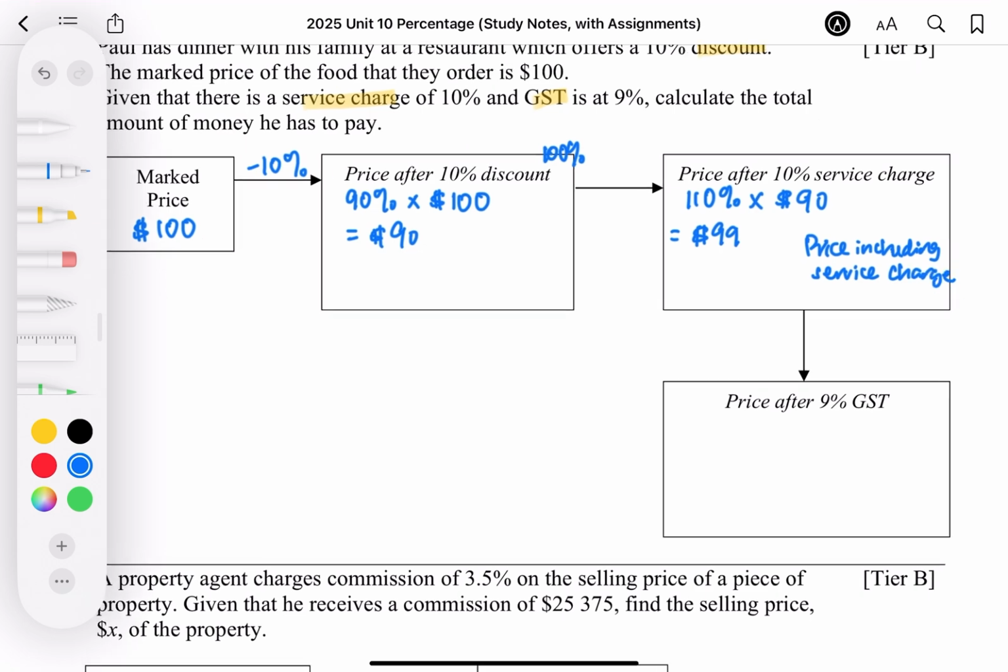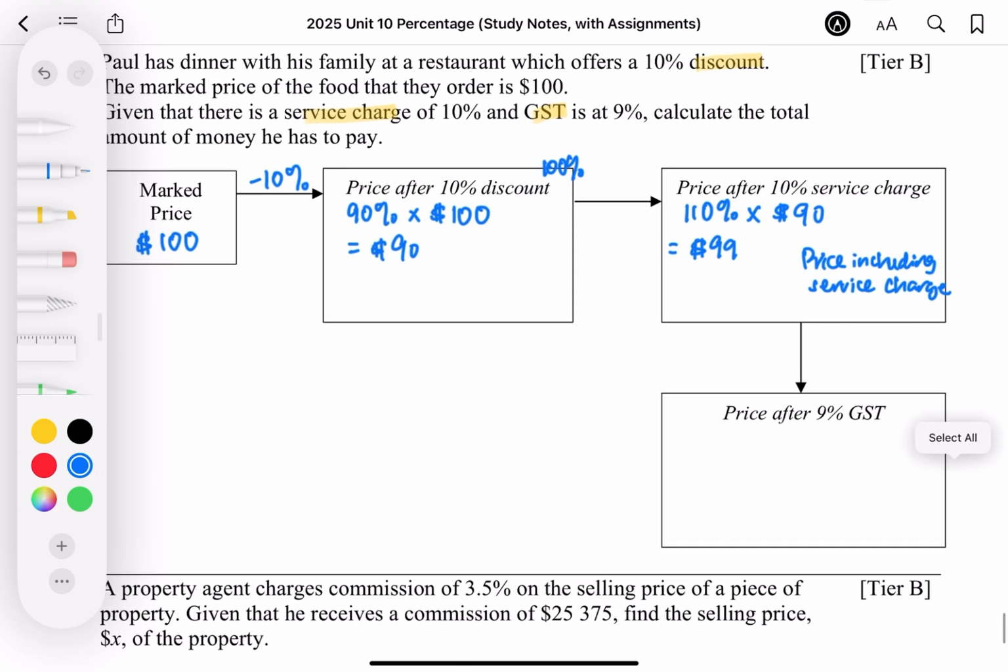Then we are going to subject this price to a 9% GST. So 9% of GST means that it will be 109% of this amount, which is $99. Now remember, GST is goods and services tax.